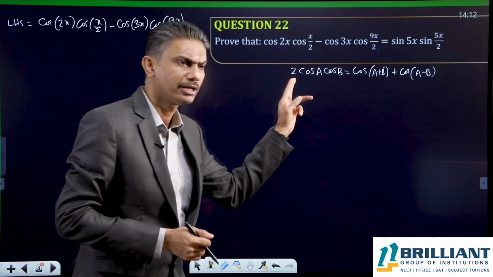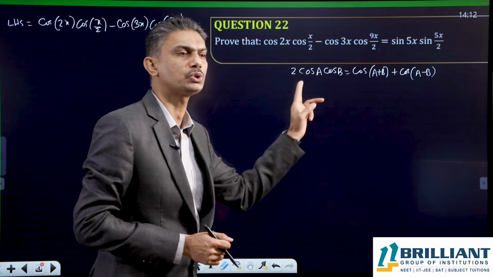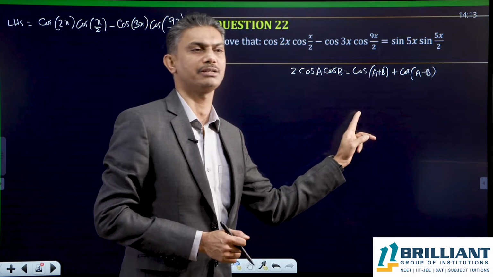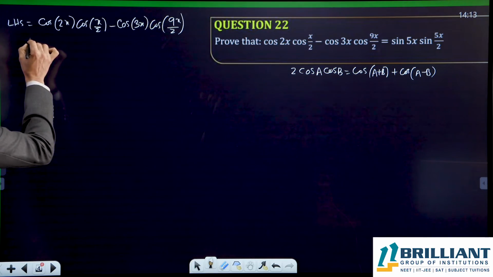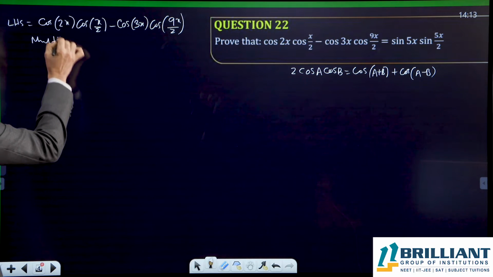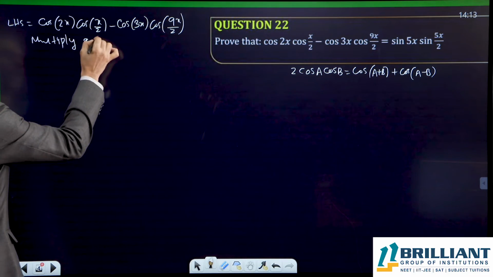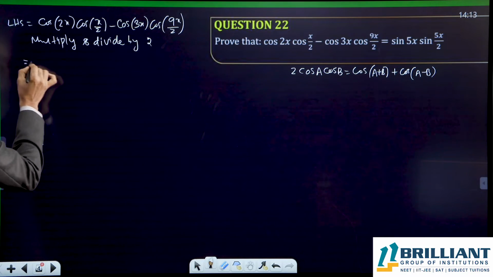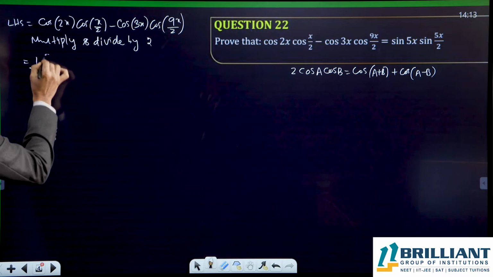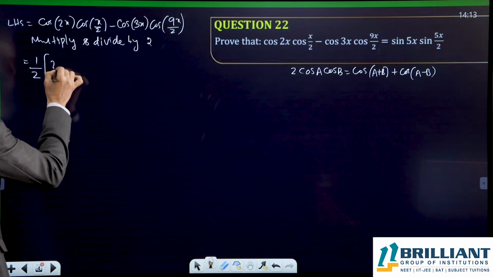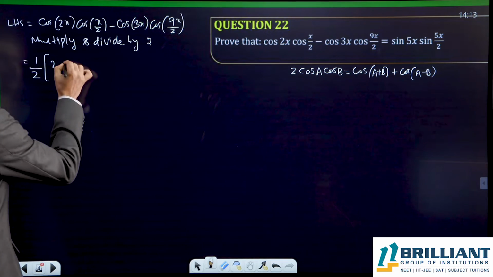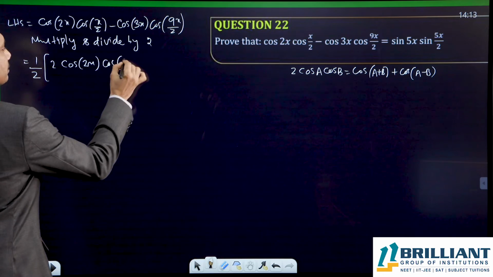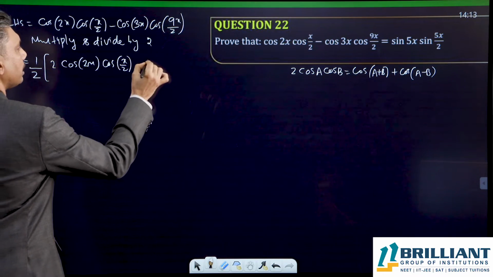Now, you see, all these formulas start with 2 cos A cos B, 2 sin A sin B, 2 sin A cos B, 2 cos A sin B. So, I multiply and divide by 2. So, this will be equal to half into 2 cos 2x into cos x by 2 minus 2 cos 9x by 2 into cos 3x.